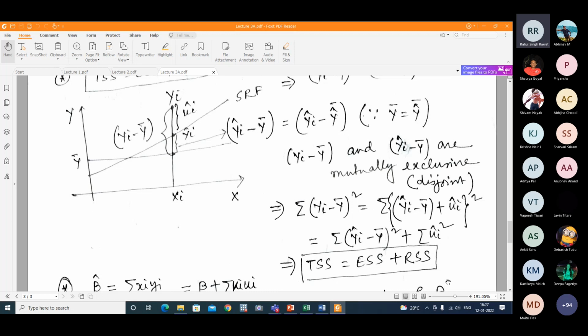We will also discuss the fact that a very high value of R square with hardly any individual coefficient statistically significant may be a matter of concern because it may signal the presence of the problem of multicollinearity. We'll discuss these aspects in detail later.